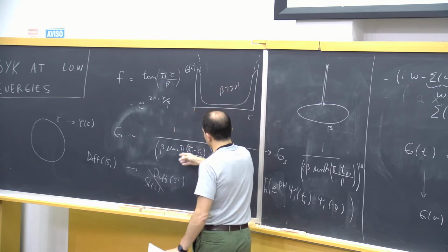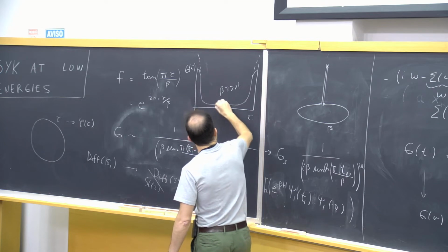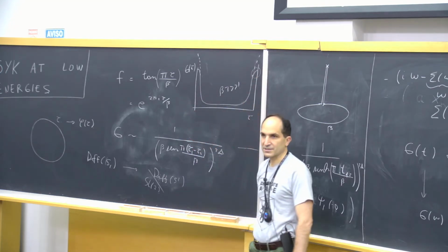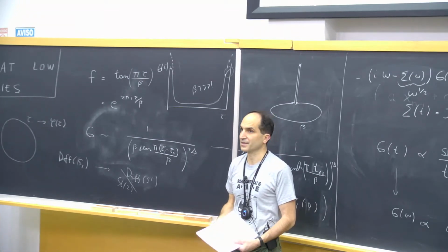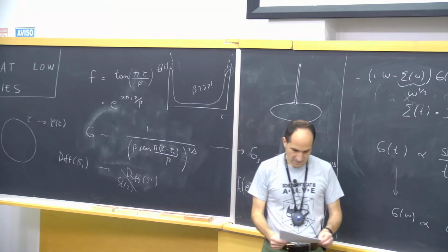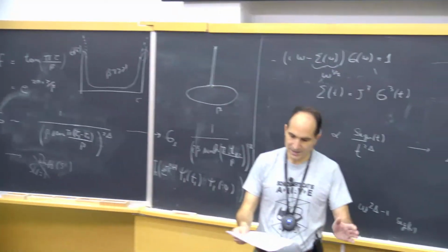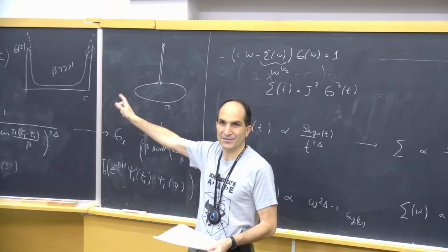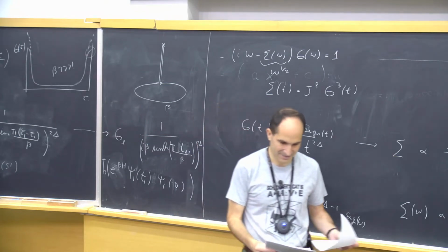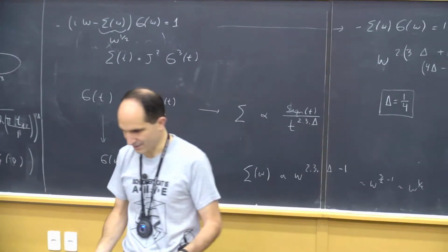The plot of this is this part here, and here it diverges, so it differs from the correct solution at short times. Is that clear? You can check this by simply calculating the solution numerically and plotting the two functions, and you see this feature. So it's not a hypothesis, it's just a statement about the solution.